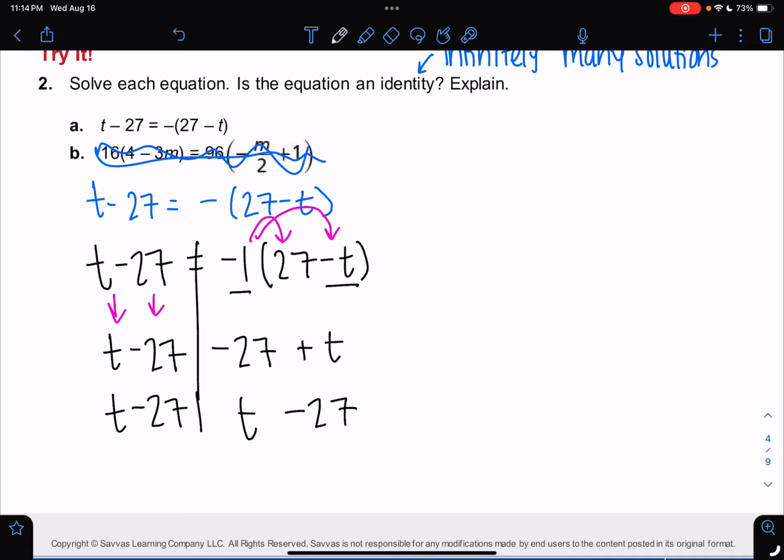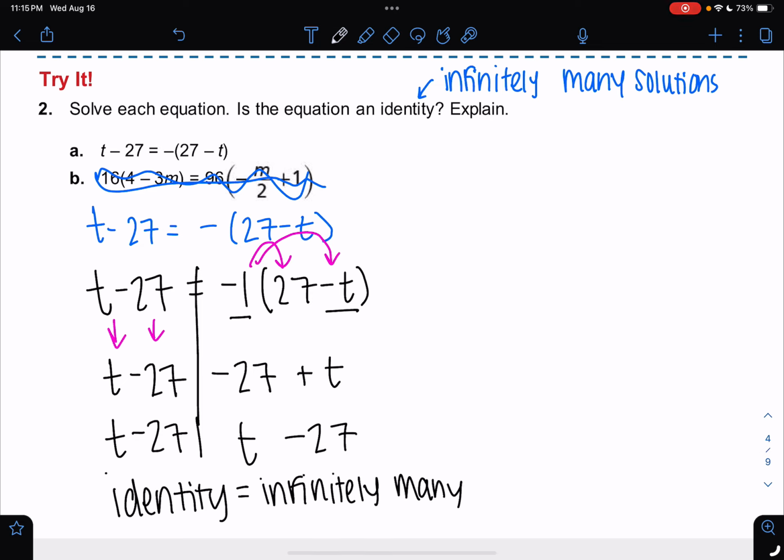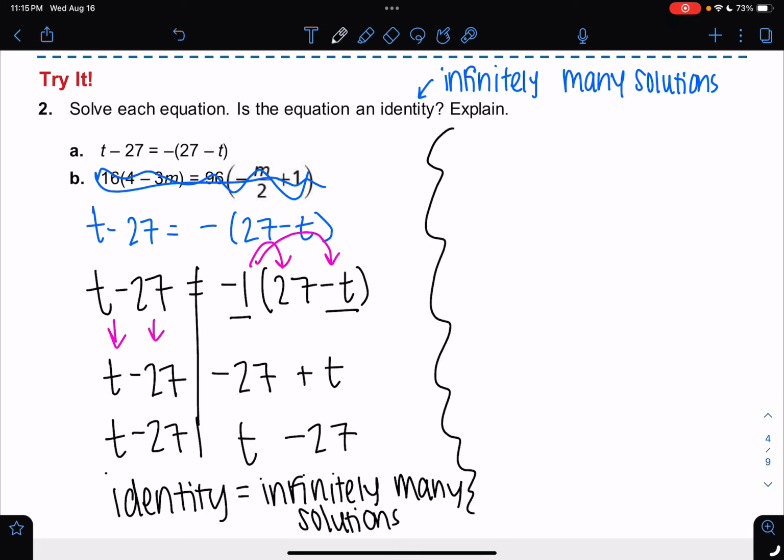And you notice that the left side matches exactly to the right side. That is what we call the identity. Okay? We've got an identity here, which is, of course, infinitely many solutions. Okay? Great. And I'm going to go ahead and do part B on the other side.